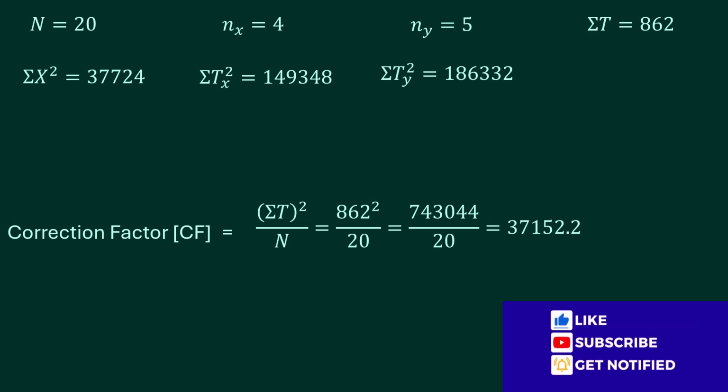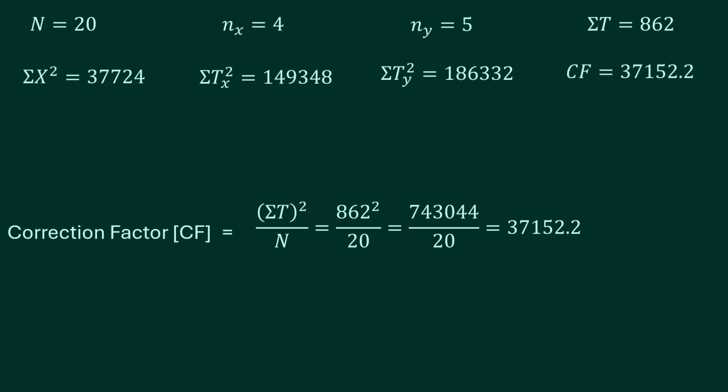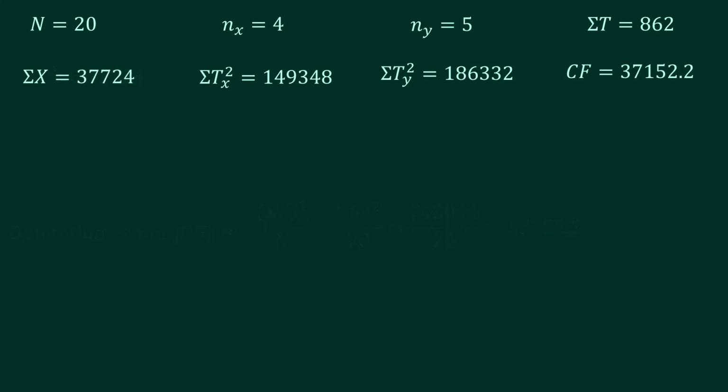862 square by 20. On simplifying, we get 37,152.2. Let me post this value also along with the key values. Calculate the total sum of squares, that is SST.